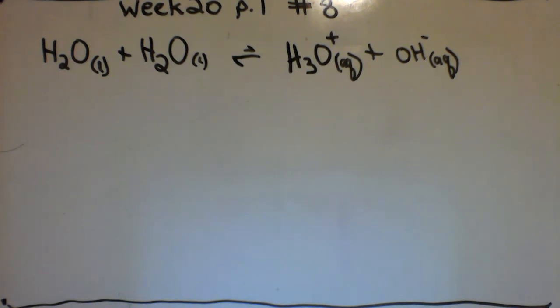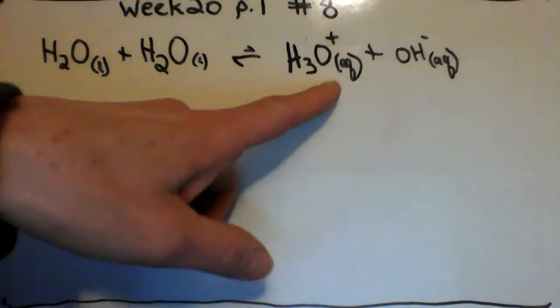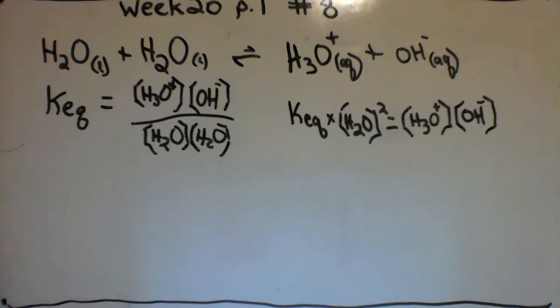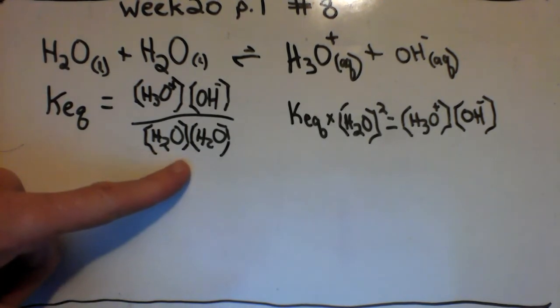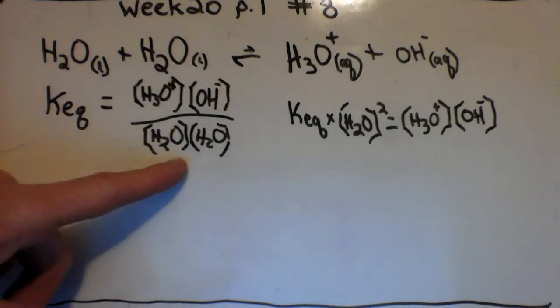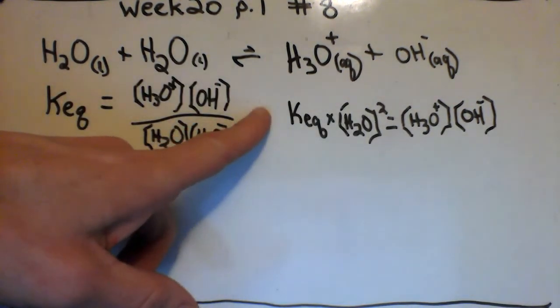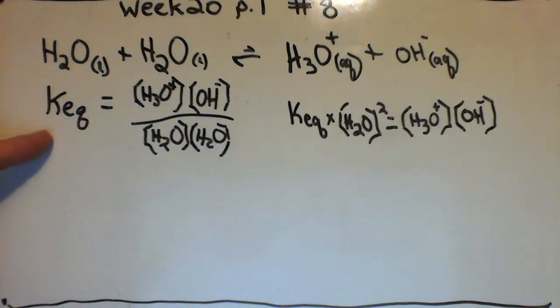Now, if we were going to write an equilibrium constant for this, we would put the products on the top and the reactants on the bottom. As we saw with the acid dissociation constant, when we have water in the equation, it's considered a constant, so we take it away from the variable side of the equation and put it with the constants.